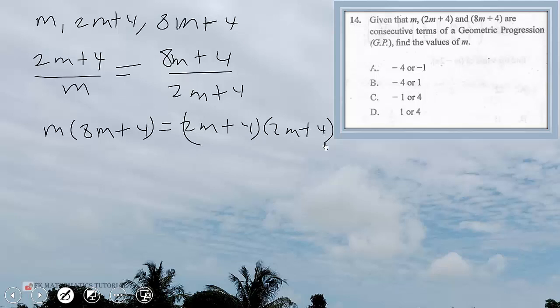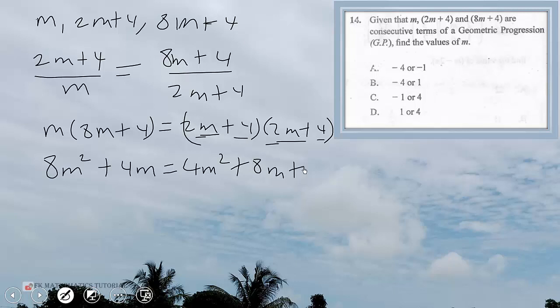So we are going to get 8m squared plus 4m will be equal to 2m times 2m giving 4m squared, and 2m times 4 gives you 8m, then 4 times 2m gives you another 8m, then 4 times 4 will give you plus 16.